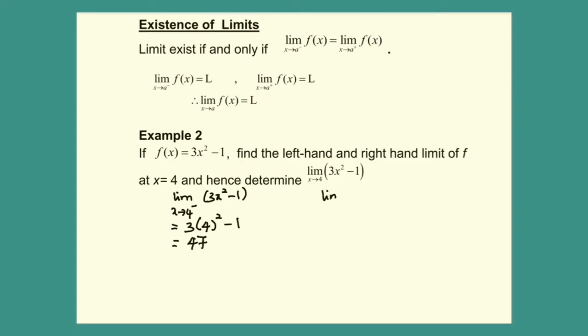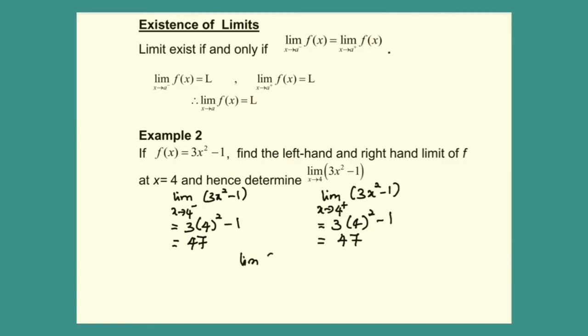For the right hand limit, limit 3x squared minus 1 as x approaches 4 from the right is equal to 3 times the value of x is 4. Substitute, 3 times 4 squared minus 1 is equal to 47.